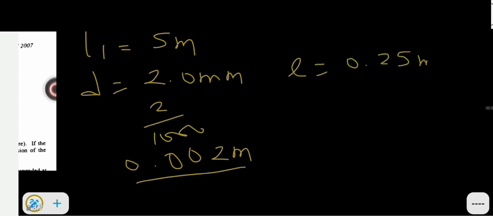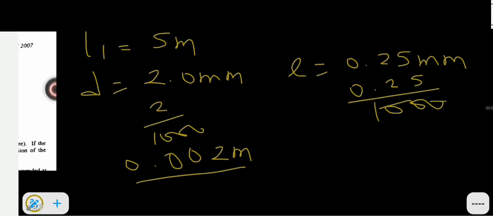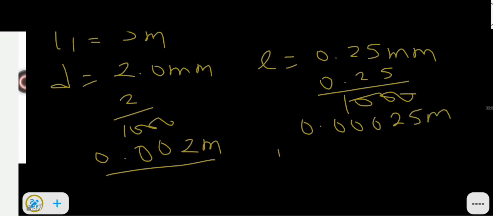If you convert it to meters, you're going to get 0.25 divided by 1000, so you will get 0.00025 meters.